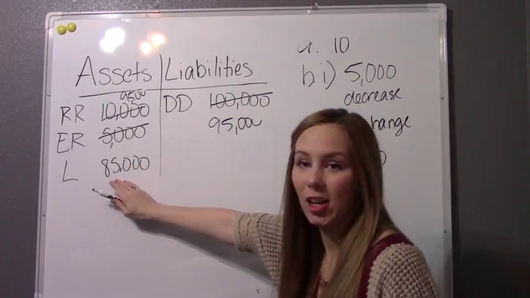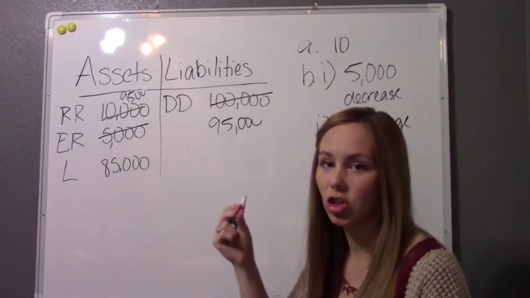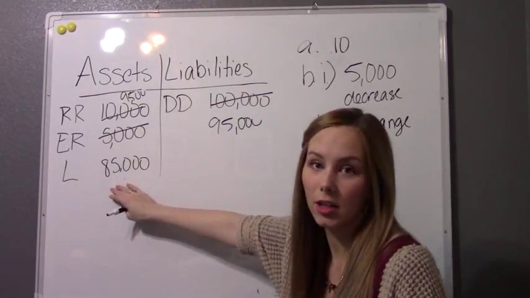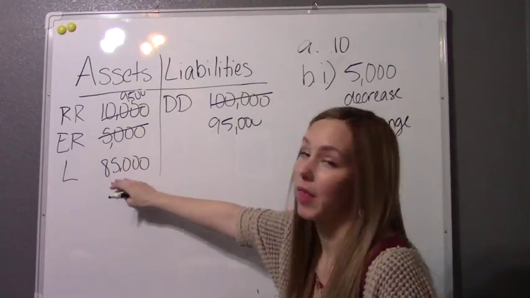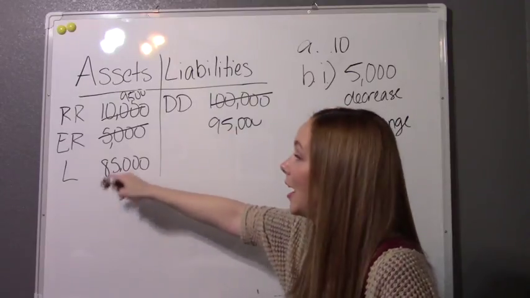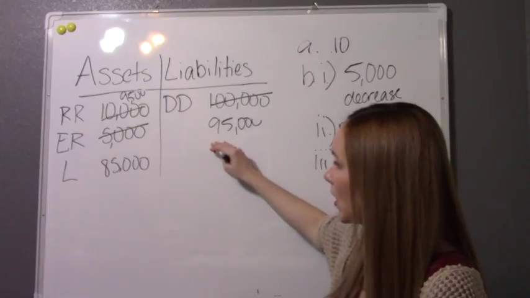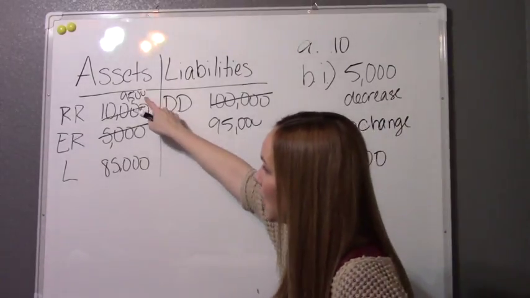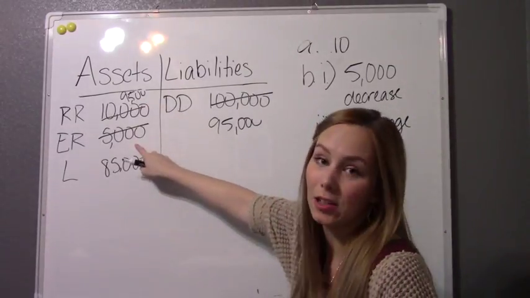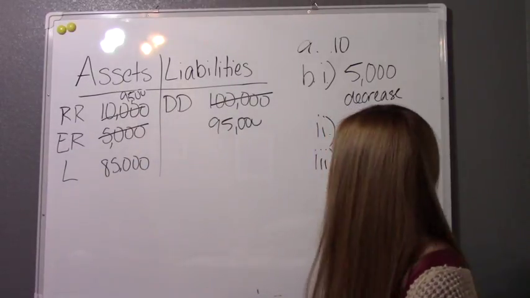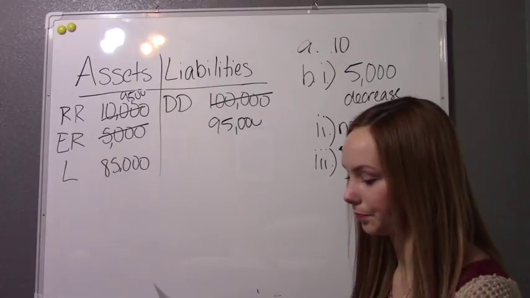The loans haven't changed yet, because loans can't just change automatically. This stays $85,000 until later, when they might loan out that money. But the immediate effect of withdrawing that $5,000 is that required reserves become $9,500 and the extra $500 shifts into excess reserves.